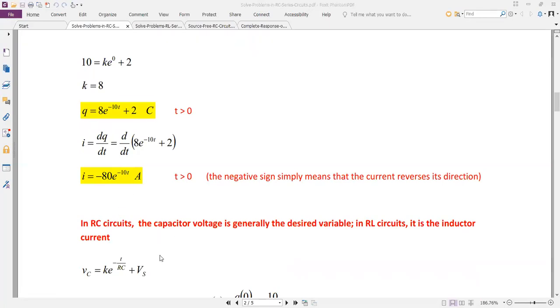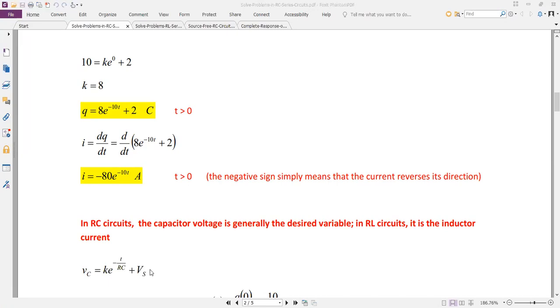Now, in an RC circuit, so we're talking about an RC circuit here because we have a resistor and a capacitor, the capacitor voltage is generally the desired variable. So that is why we have this particular equation that allows us to solve for the charge in the capacitor. If it's the RL circuit, it is the inductor current that is the desired variable.